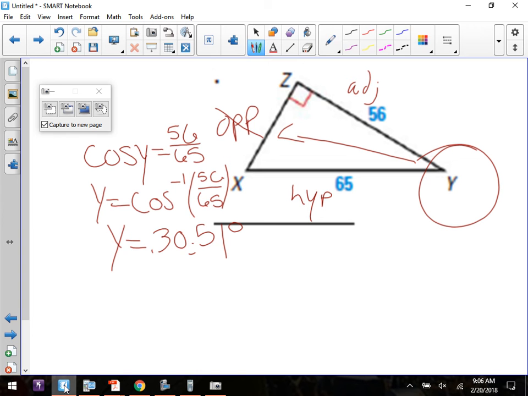Does anybody have the pro version of the multi-view calculator by chance? It's pretty sweet. It's got the silver buttons on it. I know a couple kids in the other classes have this one. Any of you guys have the black one with the silver buttons? It's the same, but to get the inverse, you have to hit the button twice. There's no second function, because the second functions are calculus functions.